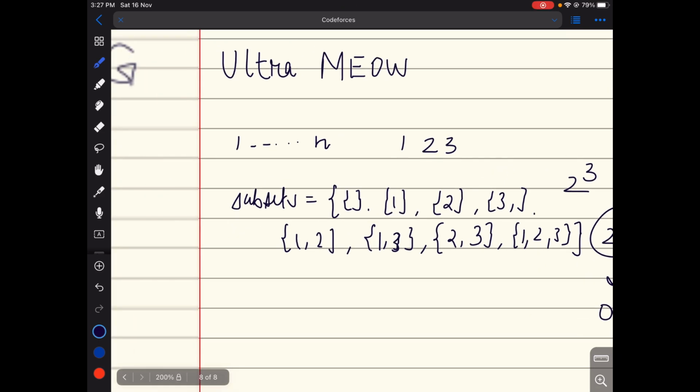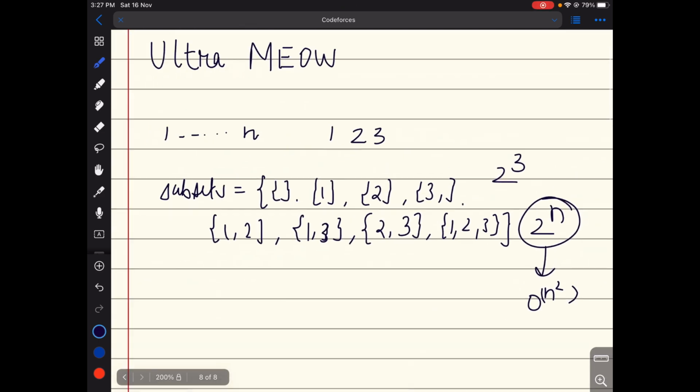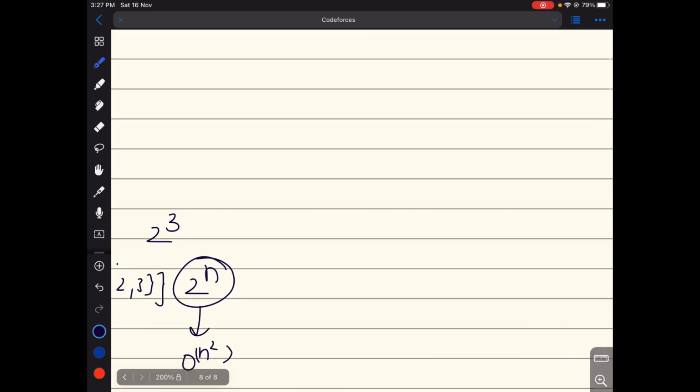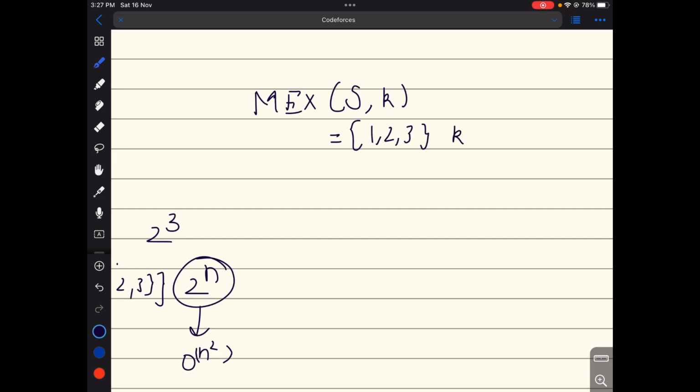So these are subsets. Now what is mex? Mex takes two values: first a set and then a number k. Suppose the set is 1, 2 and 3 and k is 1.